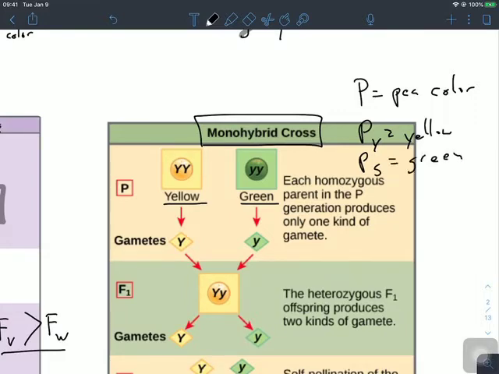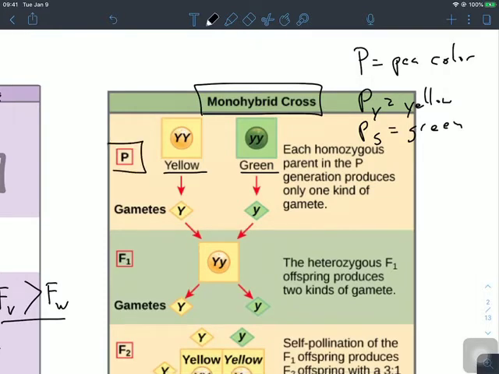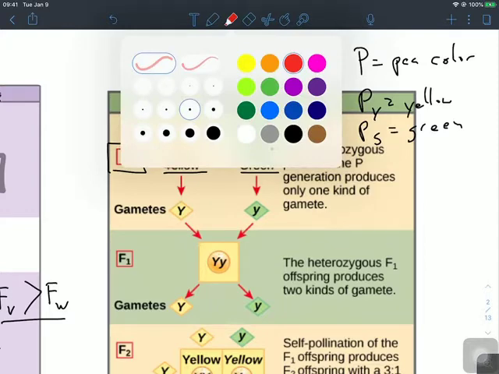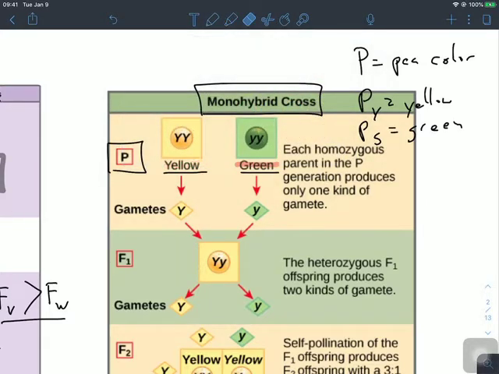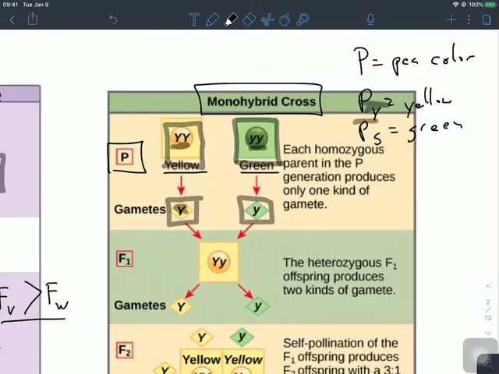Now, your book illustrates that in the parental generation for each of these true breeding plants, where one is true breeding for yellow, homozygous yellow, and the other is true breeding for green, homozygous for green, the only gamete that they can make is either the PY or the PG.